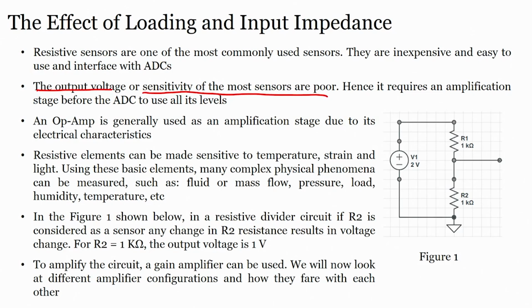Now, particularly when you talk about resistance, the change in resistance. So, if we talk about the microcantilever, the change in the resistance of the microcantilever would be extremely small.